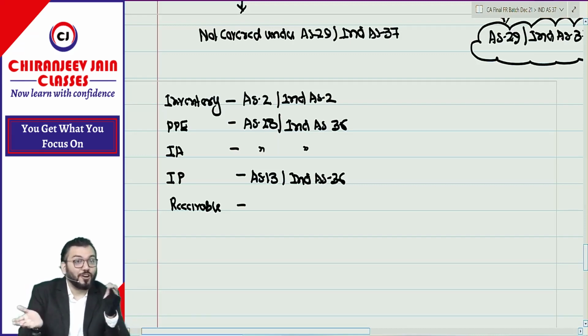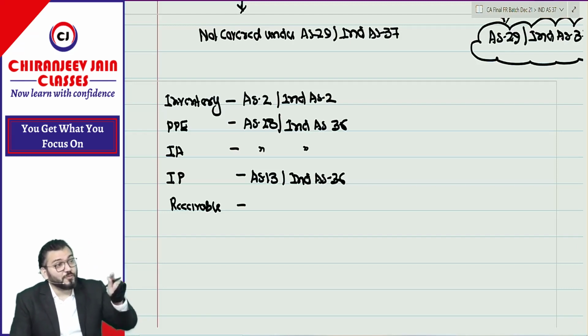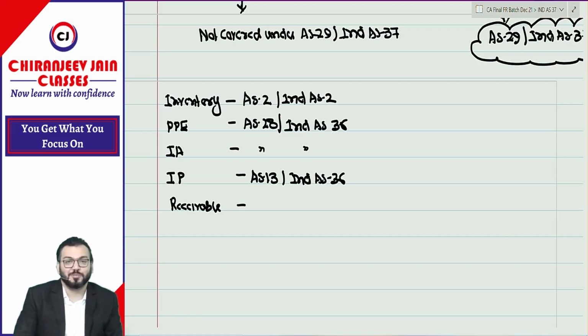So the contingencies part of AS 4 will be applicable. So it means provision for doubtful debt was created due to contingencies given under what? AS 4. It was not covered under AS 29.